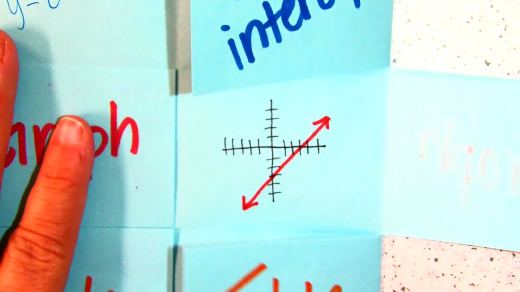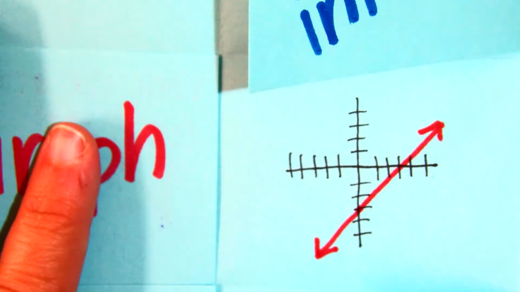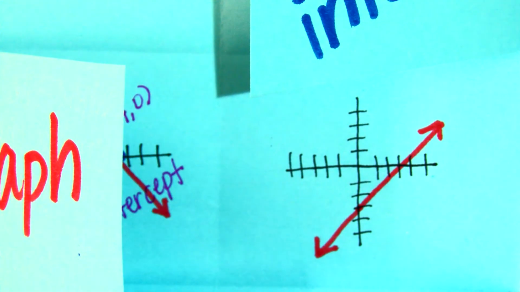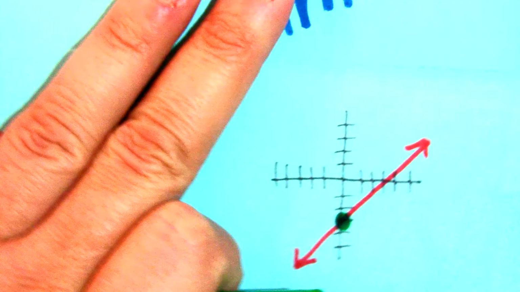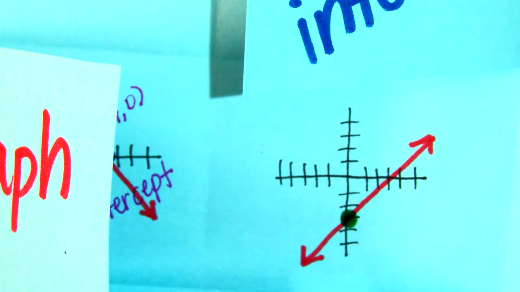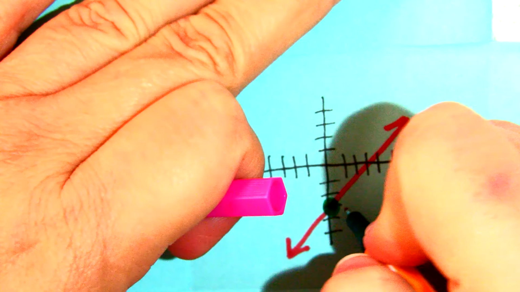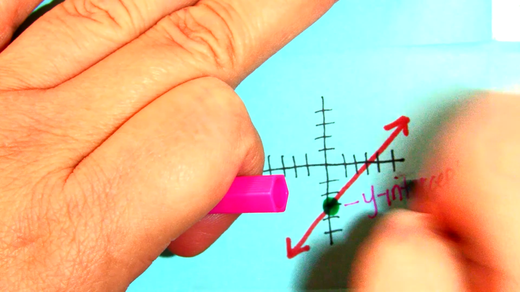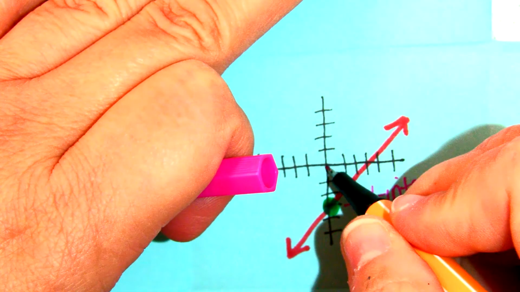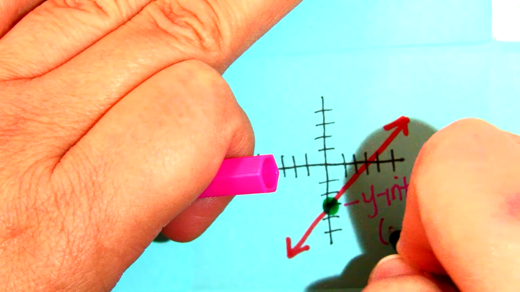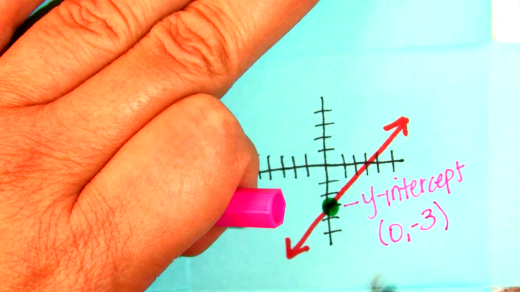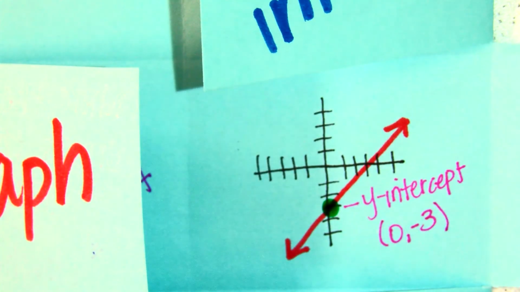So for the y-intercept, we're going to look for when it crosses the y-axis. Good job. So where it crosses the y-axis is right here. And so that would be my y-intercept, which is, if we start at 0 and we go down 3, so it's 0, -3. Because remember, our x is 0 here.